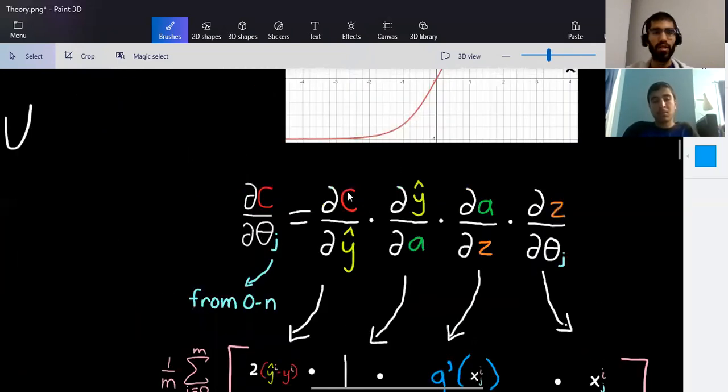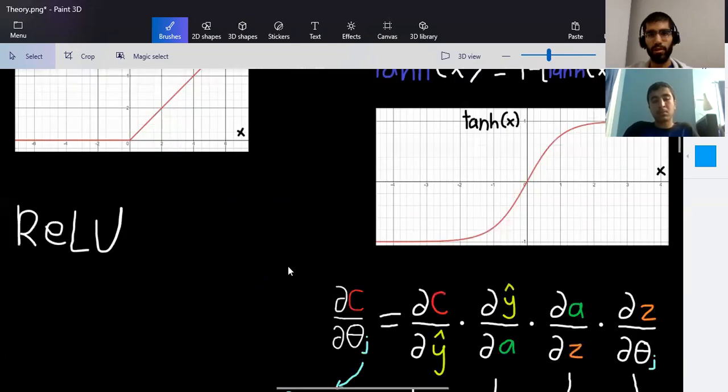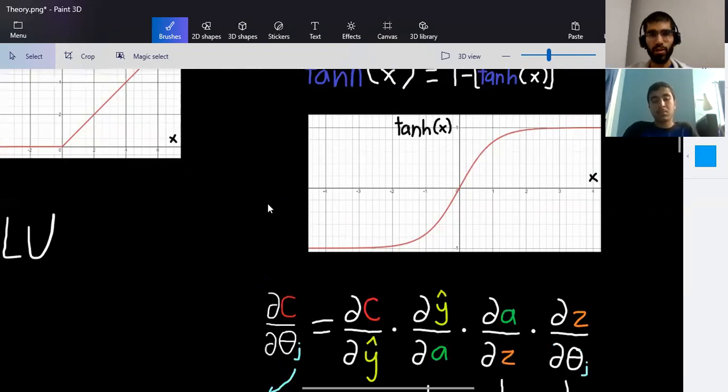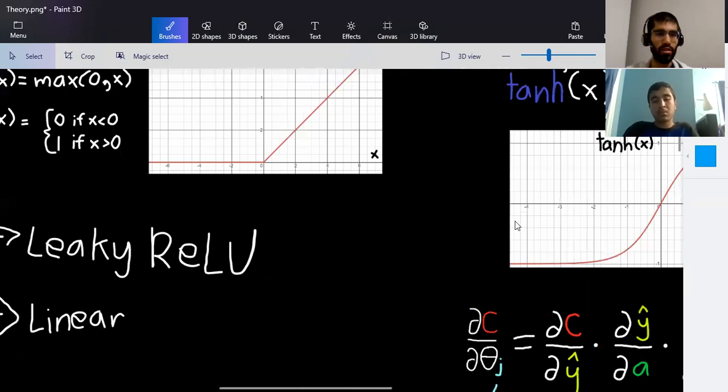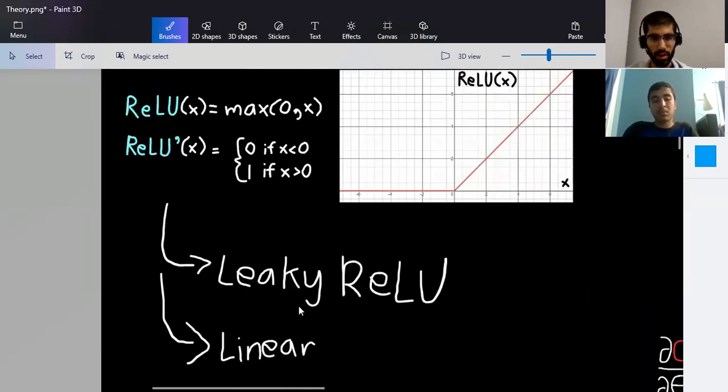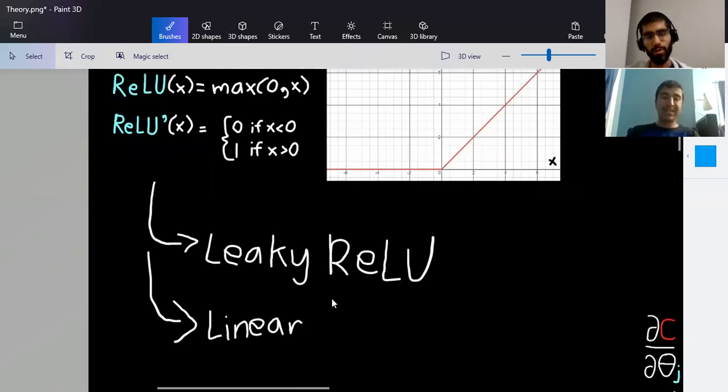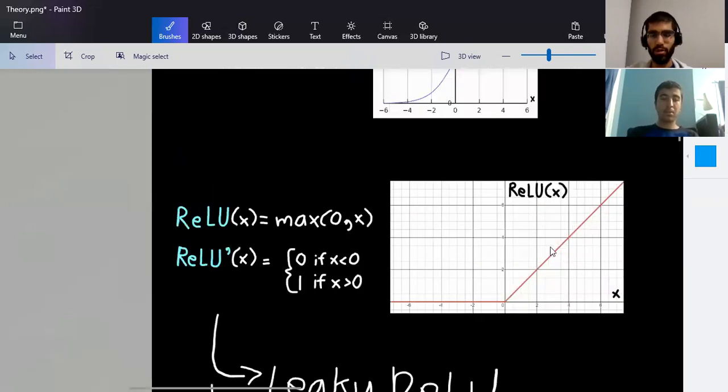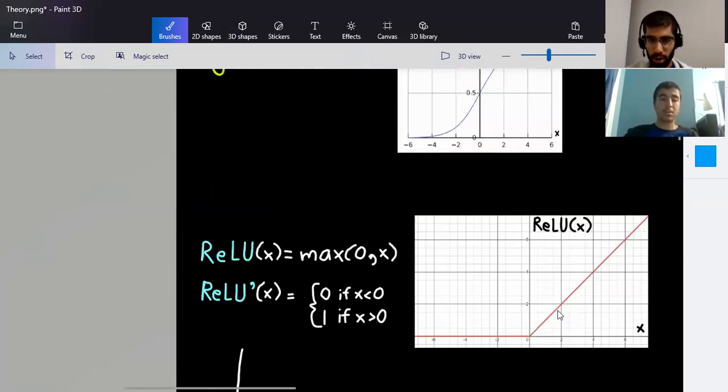And that is basically the end of the activation function section. There are these two other activation functions, which I'll leave for you to research. So search up leaky ReLU and linear activation function, and go learn: what do they look like?